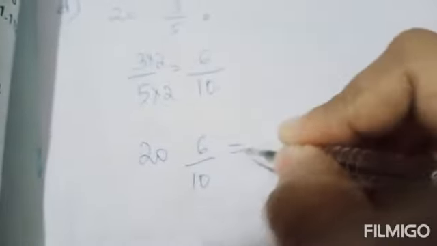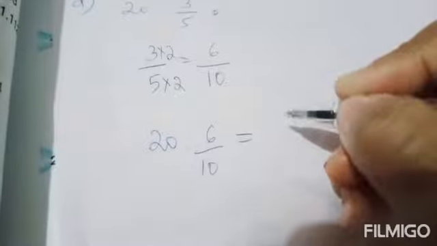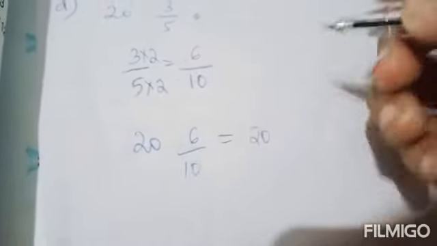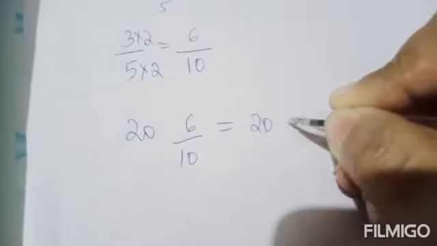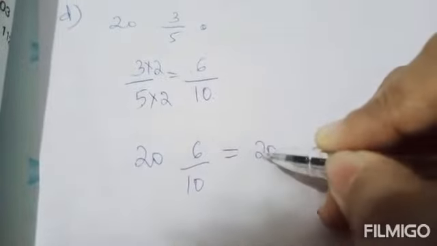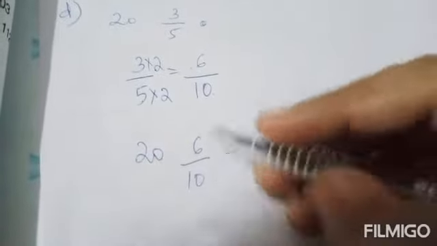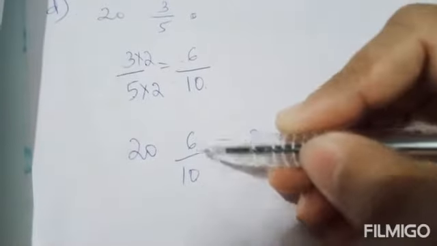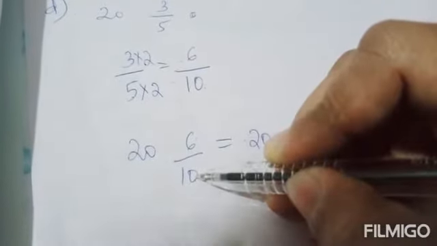Now you can convert this to decimal form. This 20 will come as the whole number of the decimal form. That is, before the decimal point you can write 20. Now 6 by 10. 6 you can write in the tenths place.